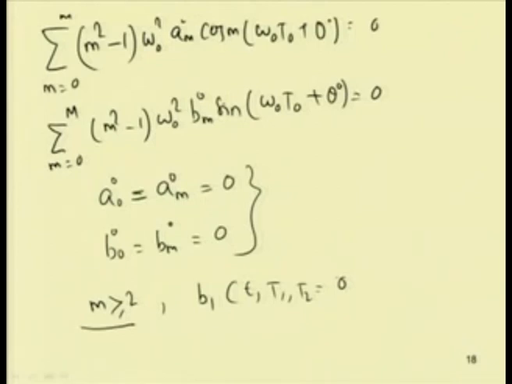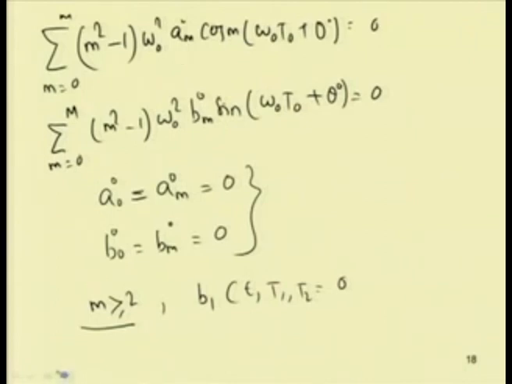In this way, by getting a set of equations, we can now solve these equations to find this coefficient A, and after finding this coefficient, we can find the frequency amplitude relation.